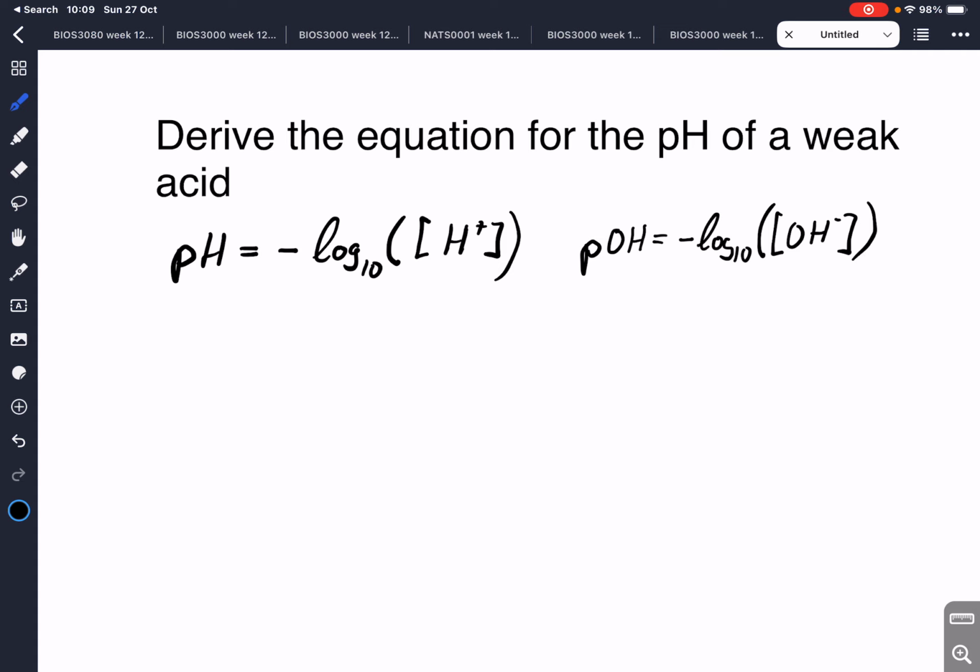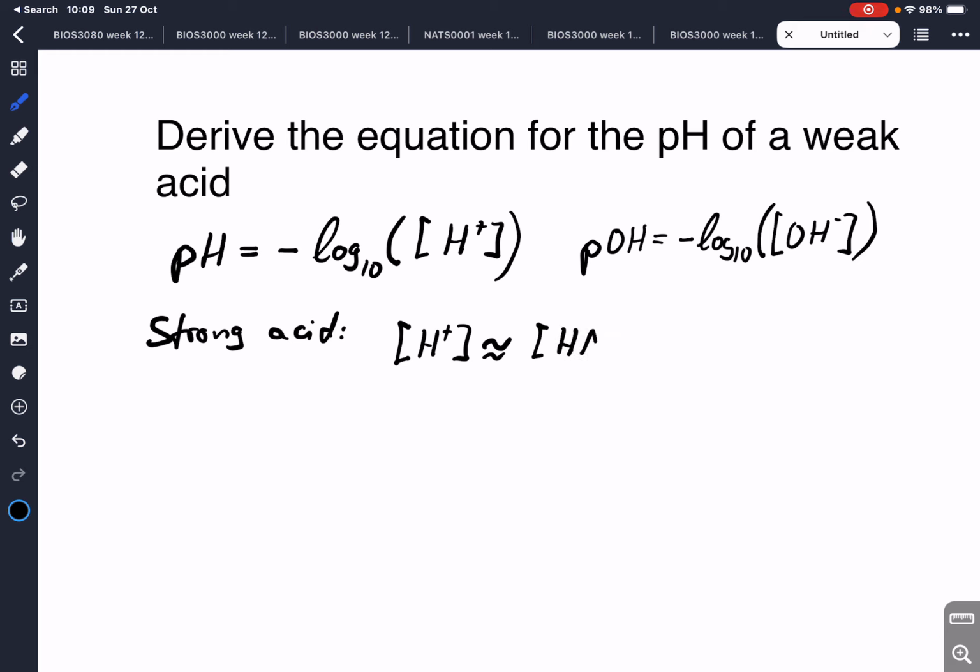Now, we said that for a strong acid, we could say that the proton concentration of the solution is approximately the concentration of the acid.